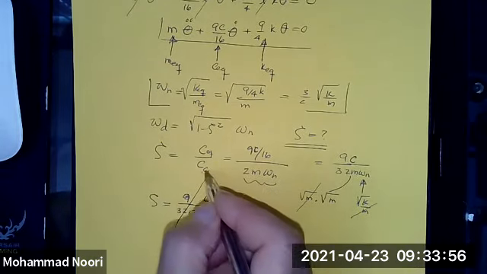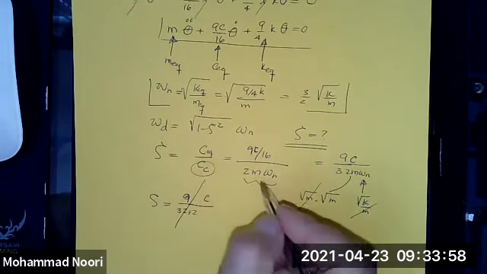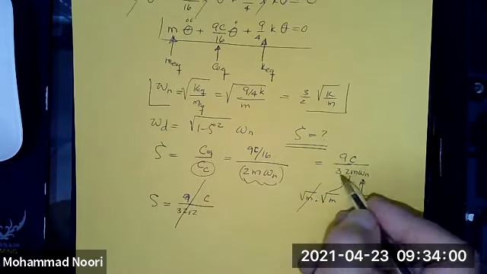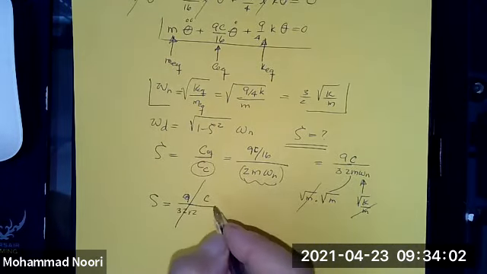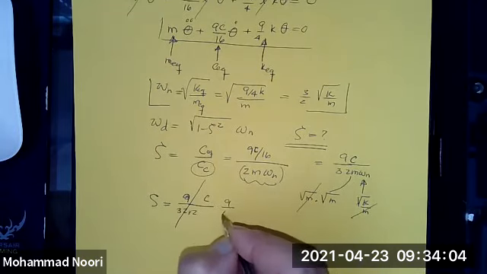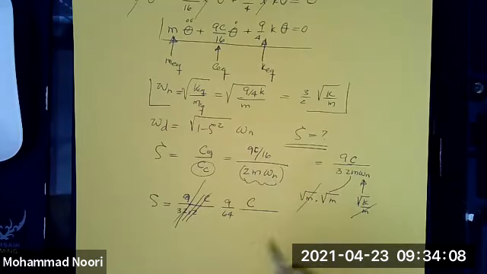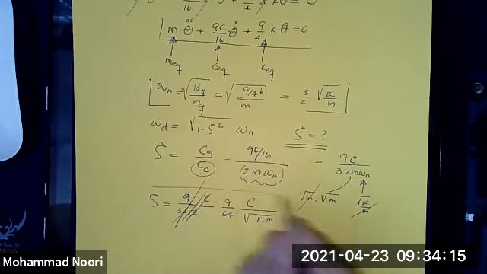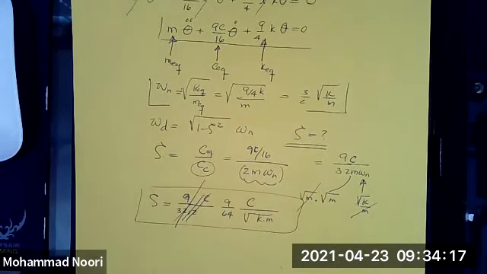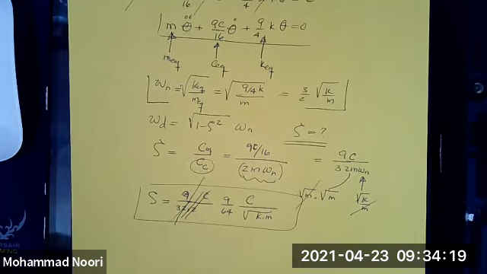Let me remind you, this was 2 omega n. So this would become 9 over 64 of c divided by square root of k m. So that's going to be zeta, right?